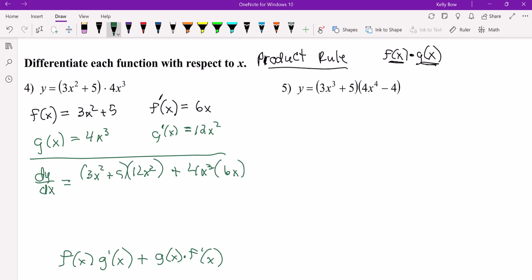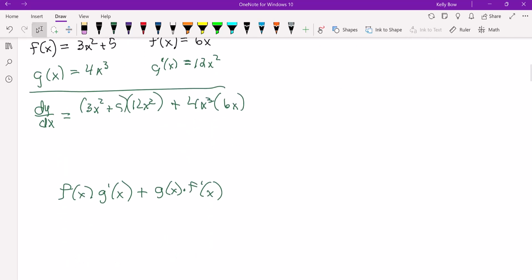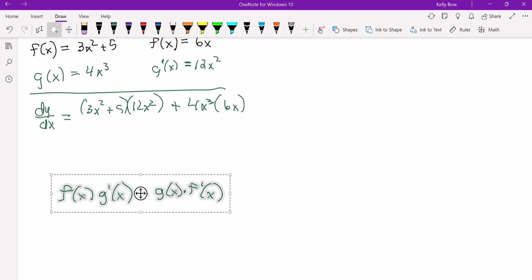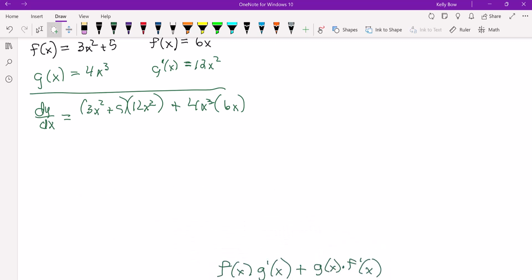And then you go ahead and simplify all of that. Here, let me go ahead and move this down. So then we're going to multiply those two together, and that gives us 36x to the fourth. And then we're going to multiply those two together, and that gives us 60x squared.